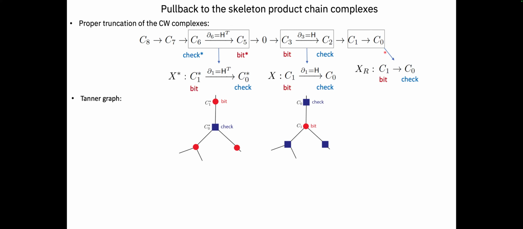So in fact, we can actually truncate this long chain complex into 3 shorter chain complexes, have 3 copies of them, and then still have a well-defined triple cup product structure. So this C1 C0 part actually is a repetition code.